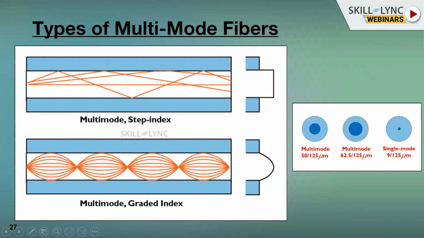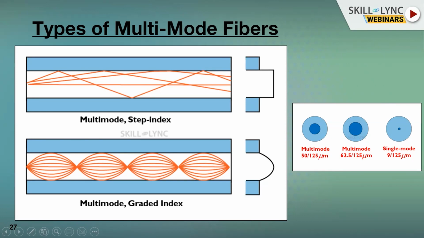Okay, so it has two types of diameter. The first one is 50 by 125. So what is that 50? 50 defines the core, whereas 62.5 also defines the core, whereas 125 micrometers or microns is the cladding.